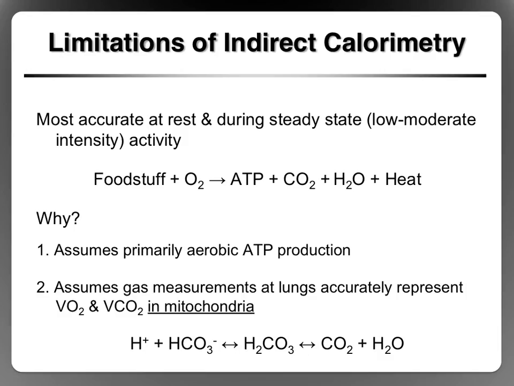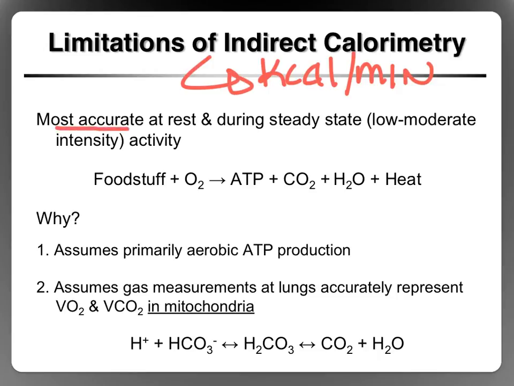Okay, so in summary, we used indirect calorimetry to estimate caloric expenditure, which is calories per minute. And it's a pretty accurate measure at rest and during low to moderate intensity exercise.